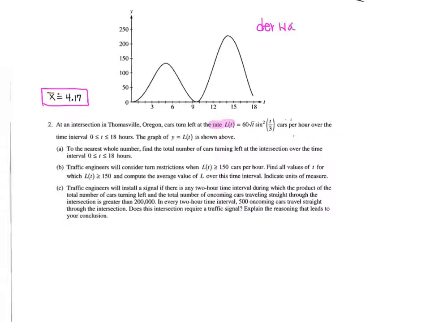This is also a calculator problem, so the first thing we should do is go to our calculator and plug this in for y1. Put your L of t in for y1, and then you're also going to change your window to match the graph that is shown right here.